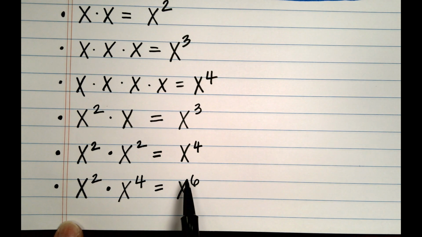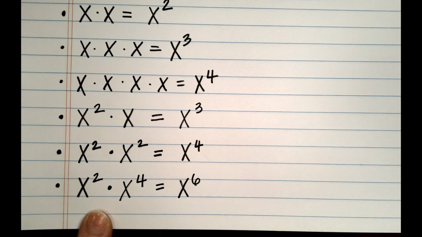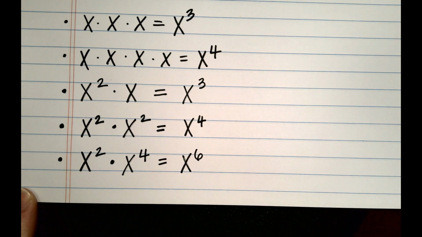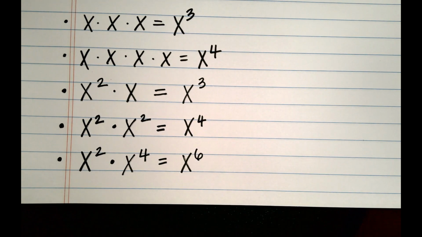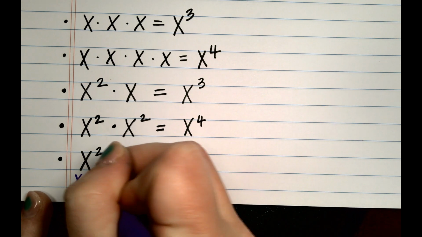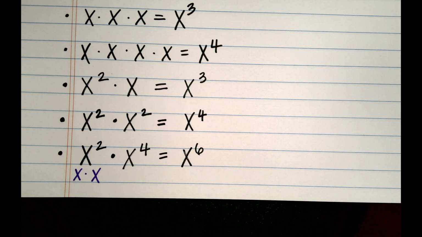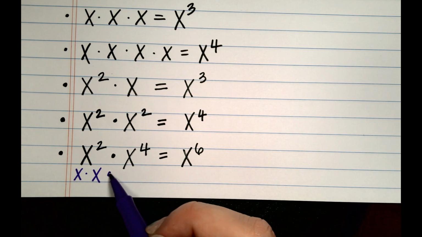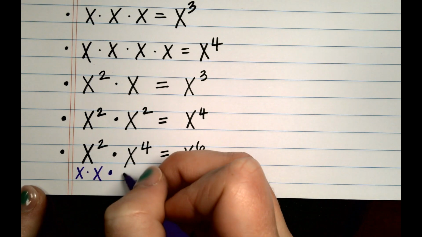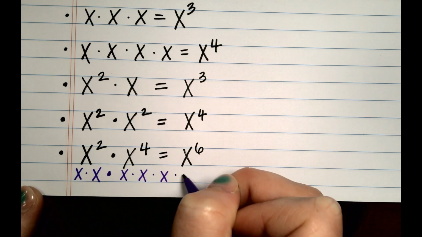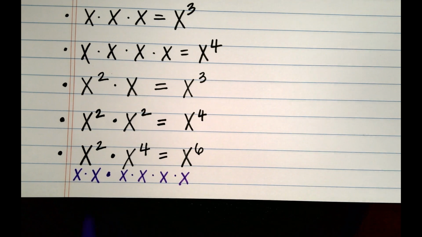This feels weird because we're multiplying. But let's think about what each of these means. X squared means, let me write this in a separate color, x squared means x times x, right? X to the fourth power means x times x times x times x, 4 times.